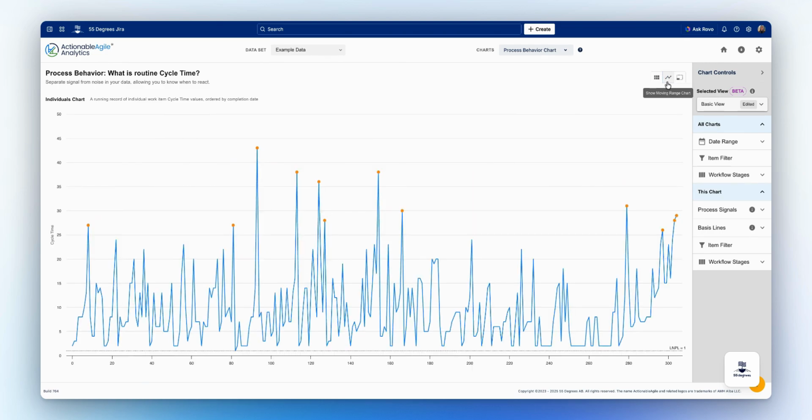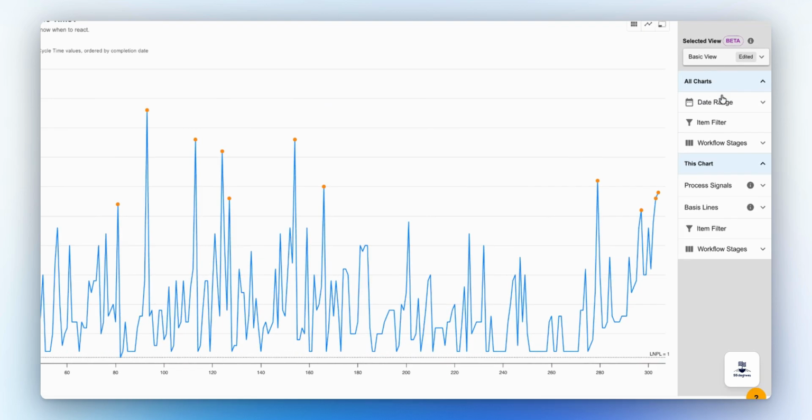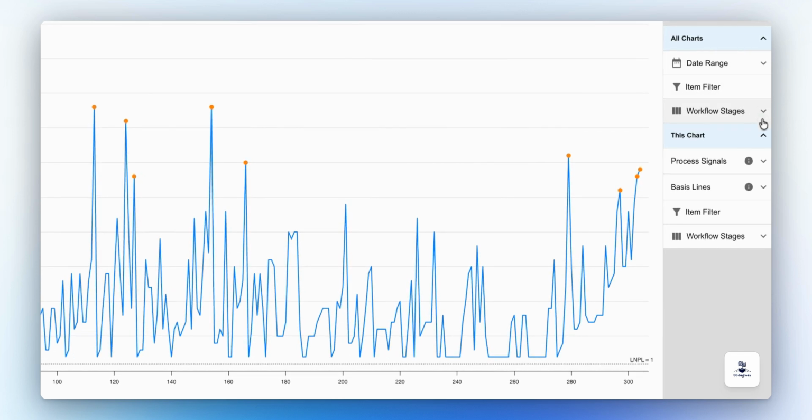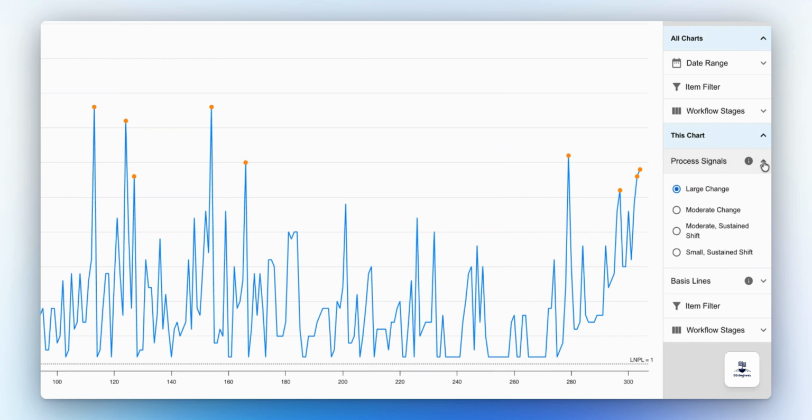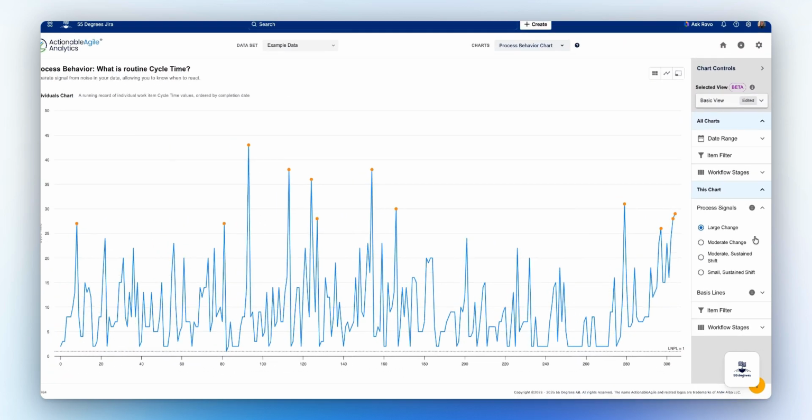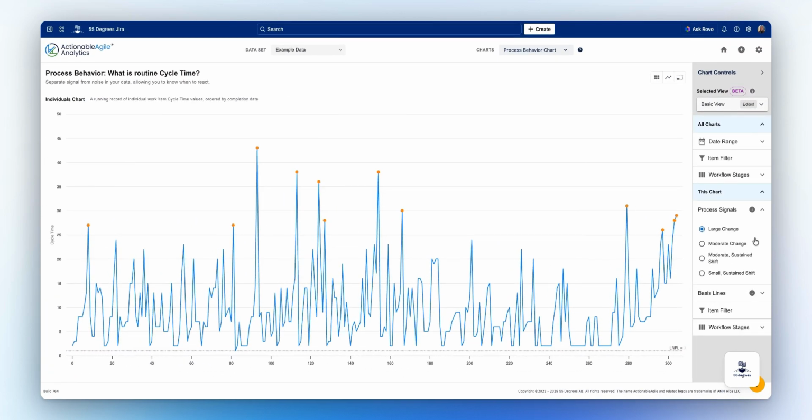As mentioned, the process signals are one of the controls in the PBC used to diagnose stability and identify actionable, exceptional outliers called signals. Large change identifies the only true signals in your data. These are data points that exist outside of the normal range, calculated from the MR chart, called your natural process limits.